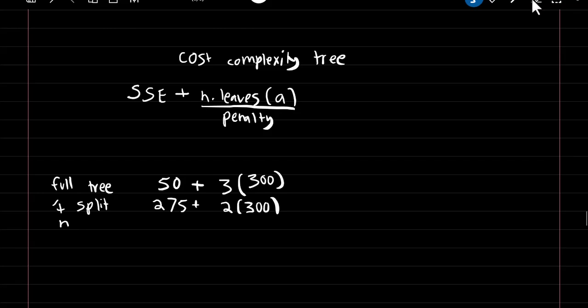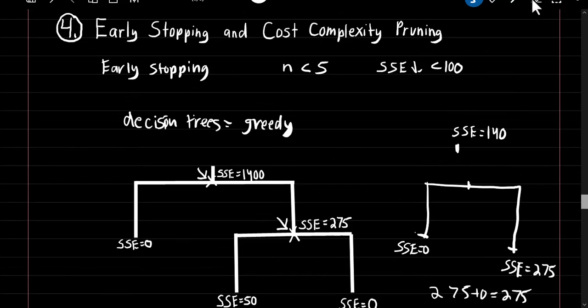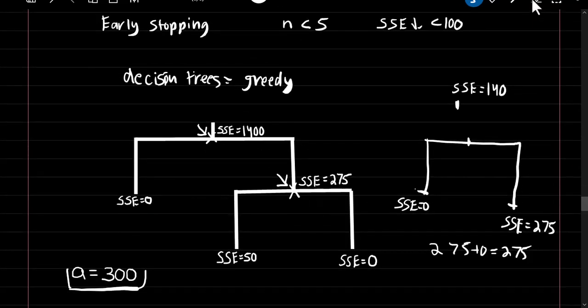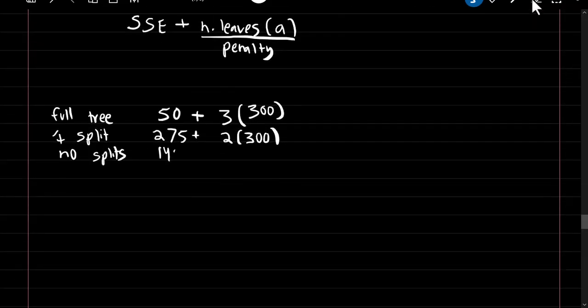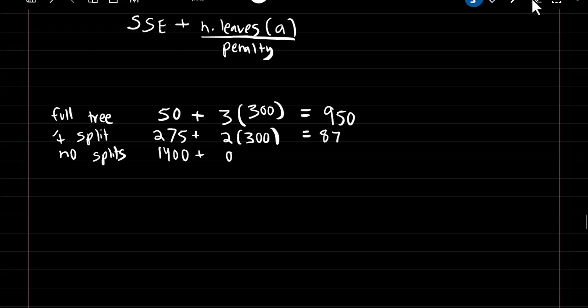And then finally, we are going to have no splits, or just our intercept, and the sum of squared error is going to be equal to 1400, and then the number of leaves, which is just 0. So after we add our tuning parameter, the values we're going to get are 950, 875, and 1400.